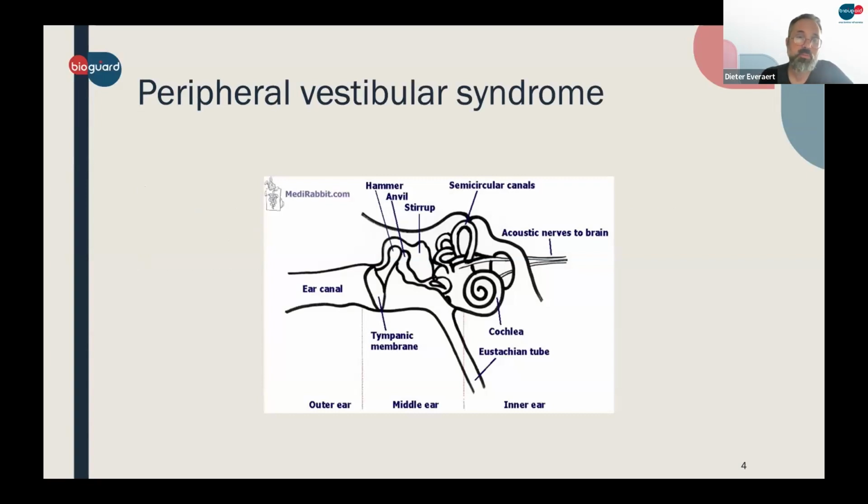You can see the outer part of the ear with the ear canal, then the tympanic membrane with the middle ear and the Eustachian tube, and then the inner ear with the hammer, anvil, stirrup and the semicircular canals, and then the acoustic nerves going to the brain. So those parts are involved with the peripheral vestibular syndrome.